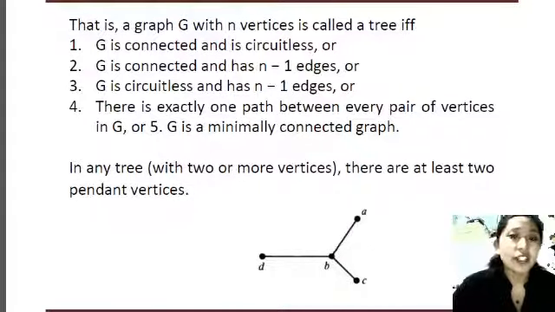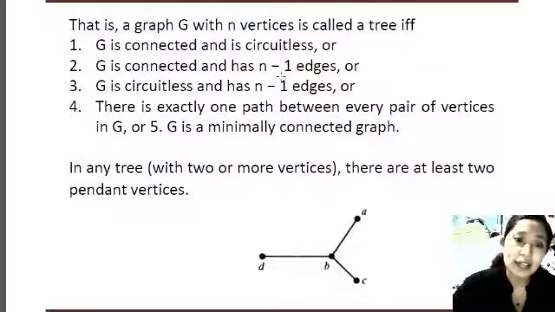These following definitions are all equivalent. That is, G is connected and G does not have any circuit or cycle, then that graph will be called a tree, as per the definition that we just saw. Otherwise, we can call graph G a tree if it is connected and has n minus 1 edges.